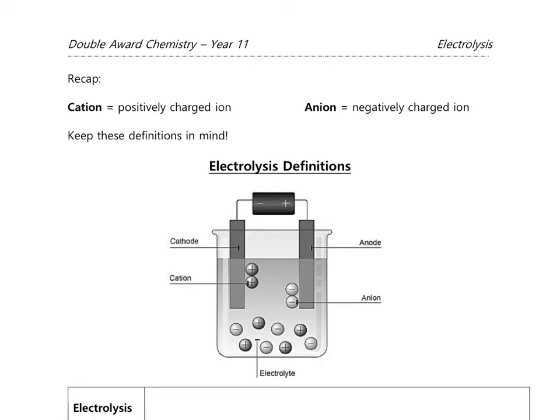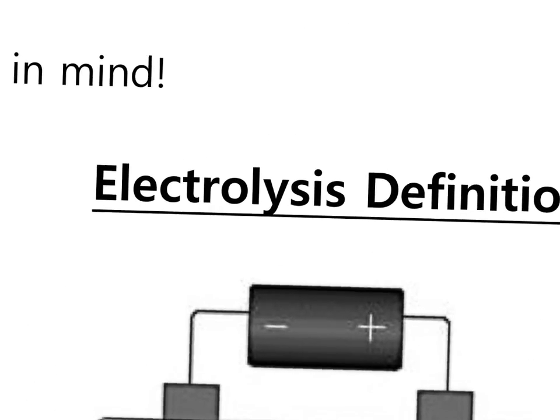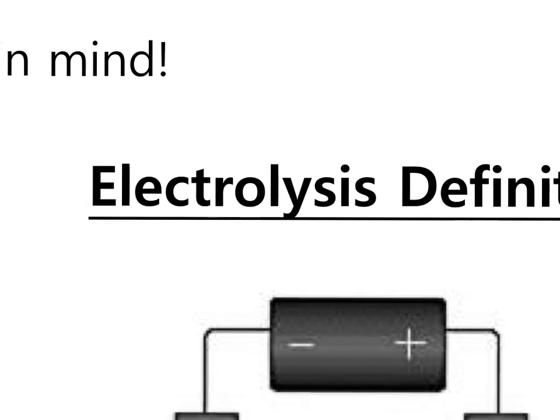So as I said yesterday, electrolysis is all about splitting up ionic compounds into the elements that make them up. And if we have a look at this word electrolysis, the word lysis means to split something up, so to be split up.